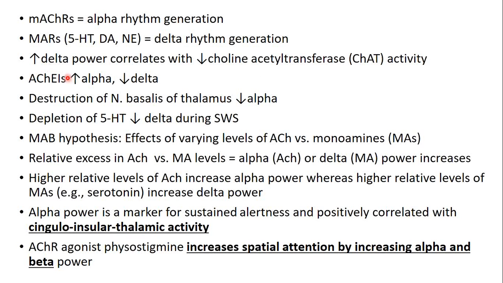Acetylcholine esterase inhibitors: acetylcholine esterase is the enzyme that breaks down acetylcholine. So when we give acetylcholine esterase inhibitors, for example, there are pesticides, there is nerve gas, there are all kinds of toxins that produce this, as well as drugs that we use as acetylcholine esterase inhibitors, like pyridostigmine and physostigmine.